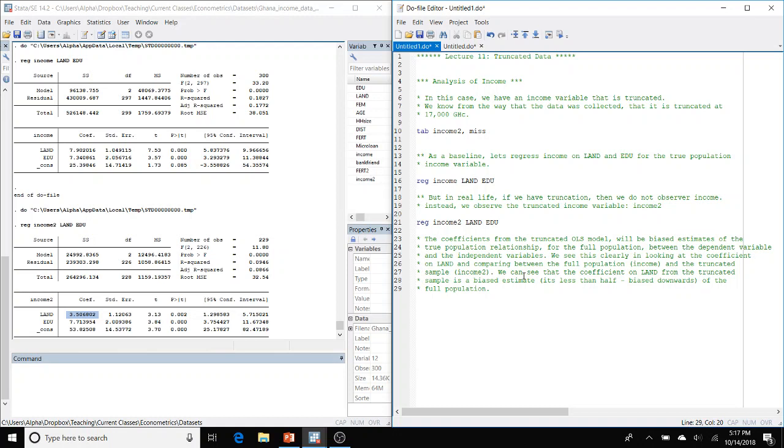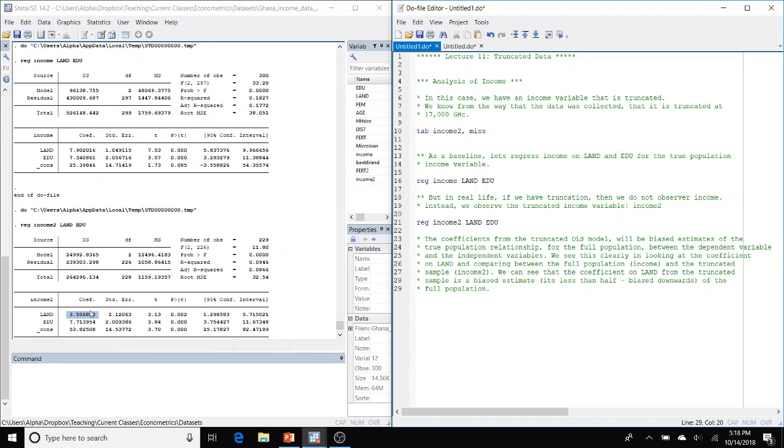It's very clearly obvious. 3.5 is less than half of 7.9, and so the truncated model, which is what you would actually see if you had a truncated sample, is going to give you a biased estimate.